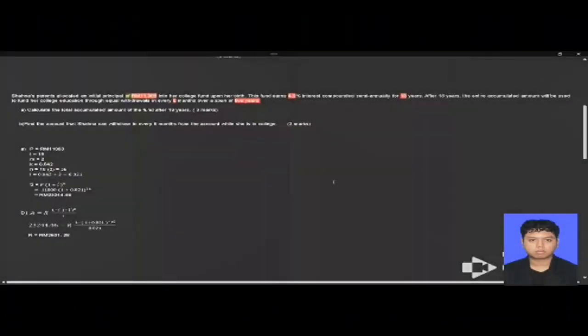This is an explanation for the answers for assignment MAT112. For the first question, the question needs us to calculate the total accumulated amount of the fund after 18 years.